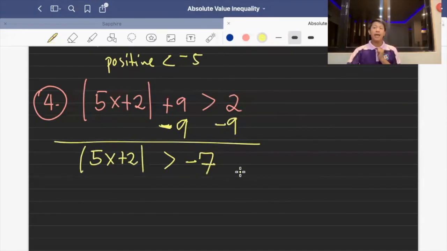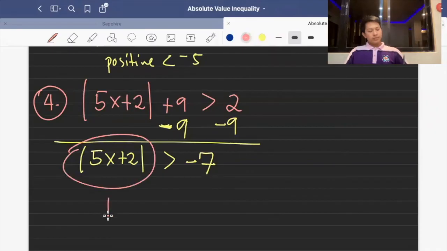Now stop and analyze. I want you to think about it. We know that this is always positive. Positive is greater than negative 7. Is that true or false? This is always a true statement.